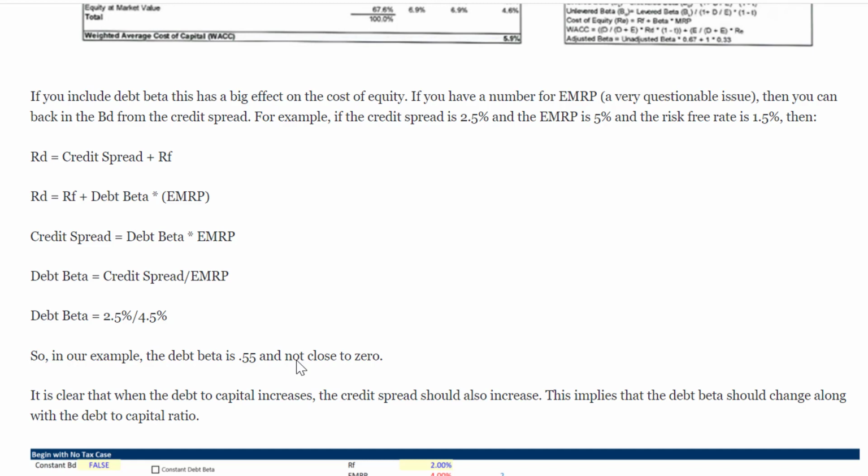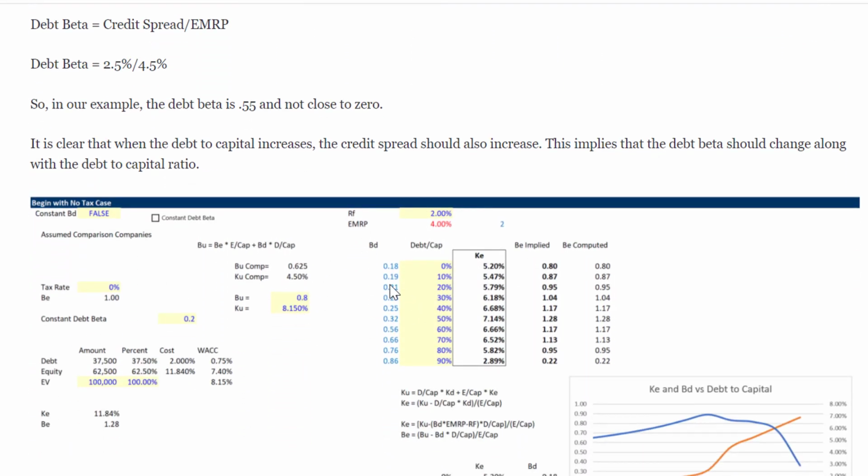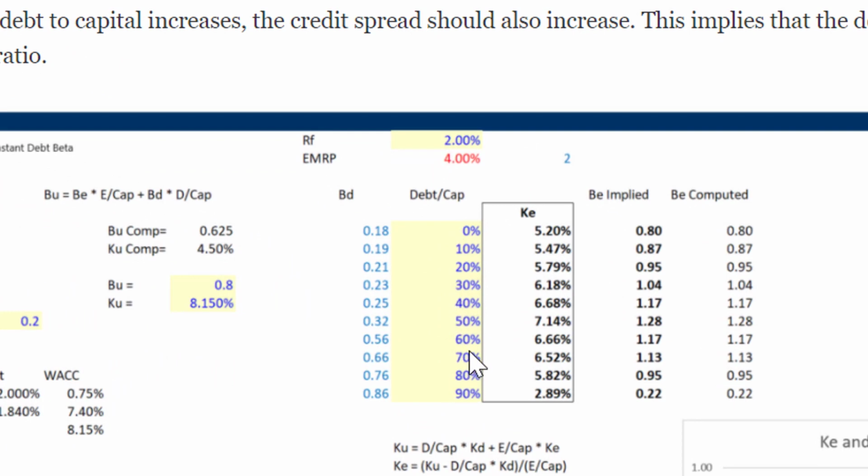And here is the really big deal. When you put in a higher debt to capital, the debt beta may be zero or close to zero when it's really low, and then when it gets really high, you have a much higher debt beta because you have a higher credit spread.